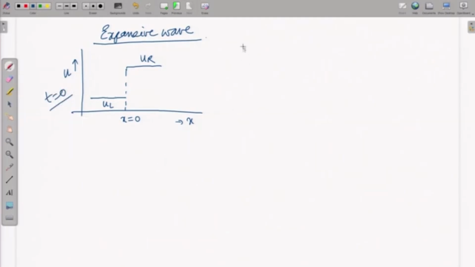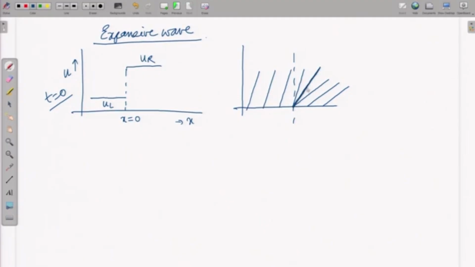Now, one can say that there could be a possibility like this, where you have a so-called rarefaction shock.